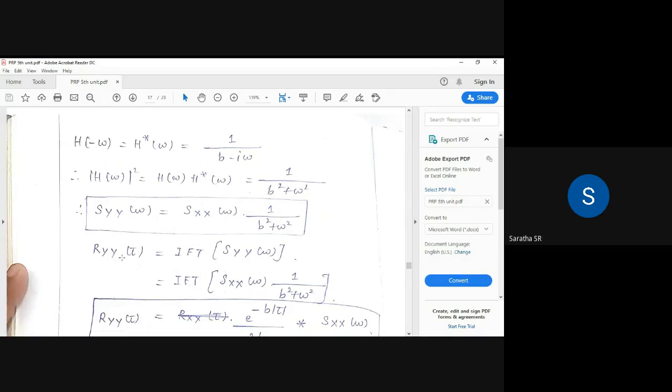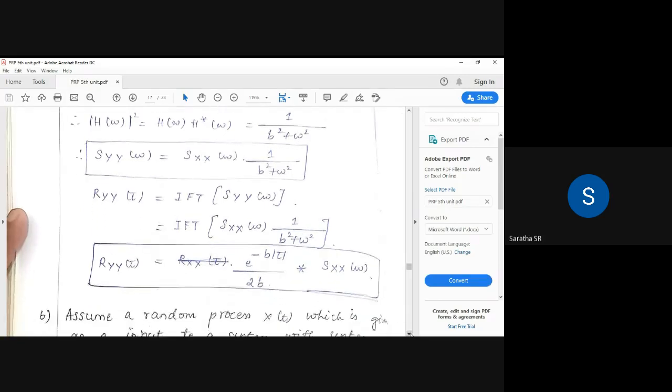So we'll write Ry of tau is equal to inverse Fourier transform of Sy of omega. That's it. Then you know that this is nothing but the convolution theorem. By using that, we can write it. The inverse Fourier transform of a product between these two functions can be written as one time domain function star another time domain function.